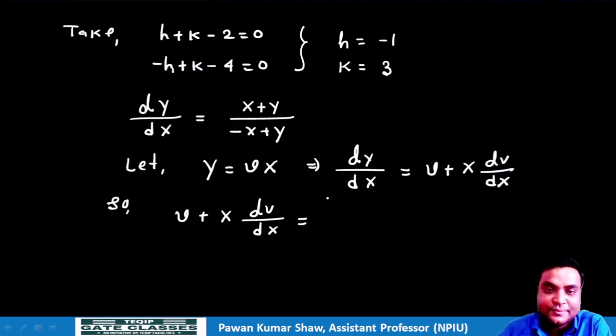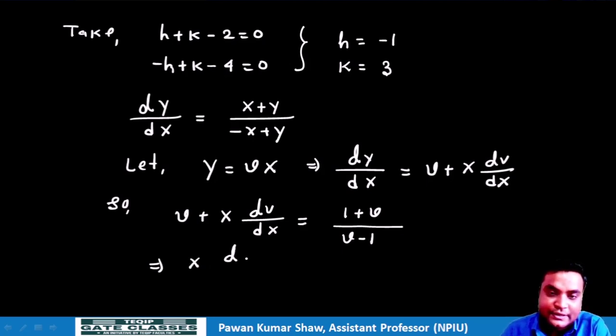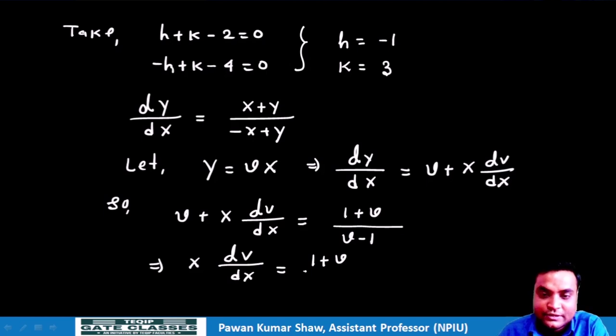So what can we write here? X cancels from both numerator and denominator. So we can write 1 plus V divided by V minus 1, or 1 minus 1 plus V. Okay, now we can separate in terms of X and V. So X dV by dX, and here we can bring this V to the right hand side: 1 plus V divided by V minus 1, minus V.